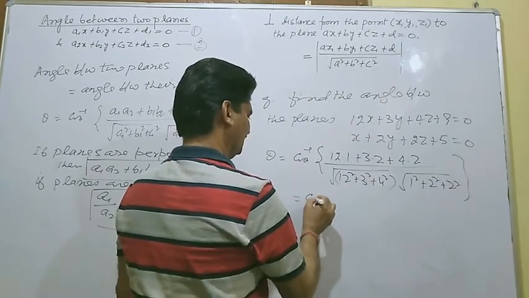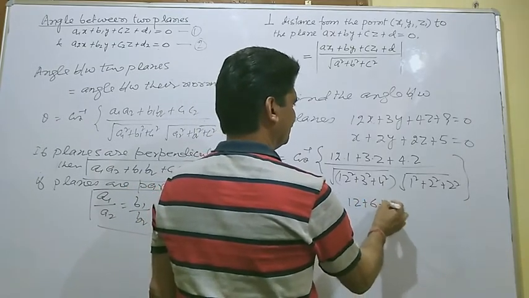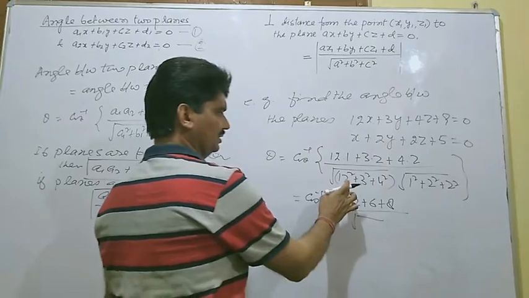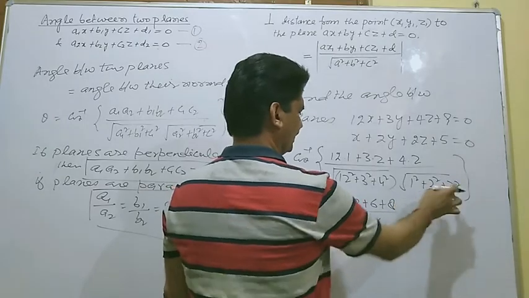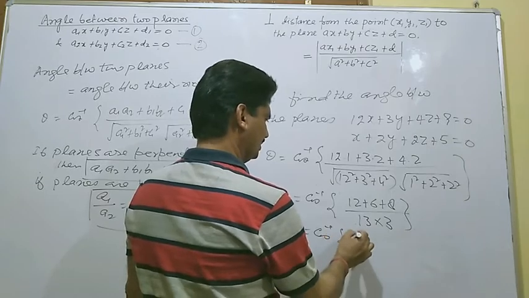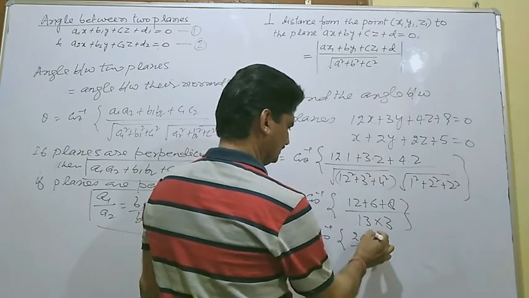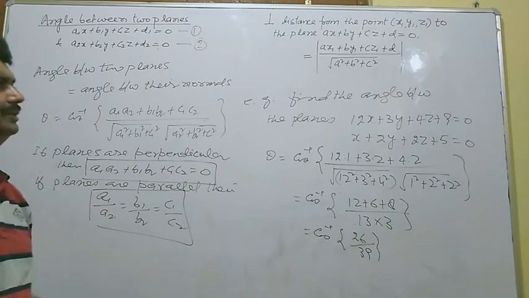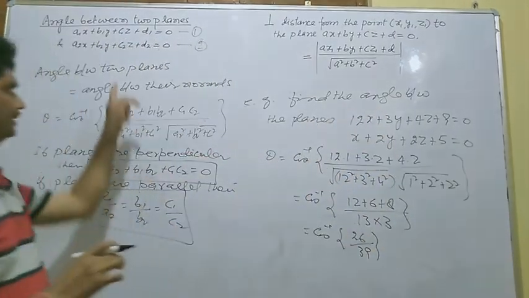So this is cos inverse of 12 plus 6 plus 8 upon under root 169, that is 13, into 9, that is 3. So cos inverse of 26 upon 39. It is a practice problem to find the angle between two given planes by this formula.